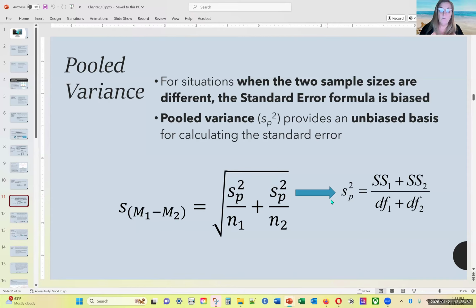All right, so first we use pooled variance, and we calculate that using this formula: sum of squares from each group, the degrees of freedom from each group. And we add the sum of squares and then divide by the sum of the degrees of freedom from both groups. And we place that in the numerator and divide by the total n from each group.